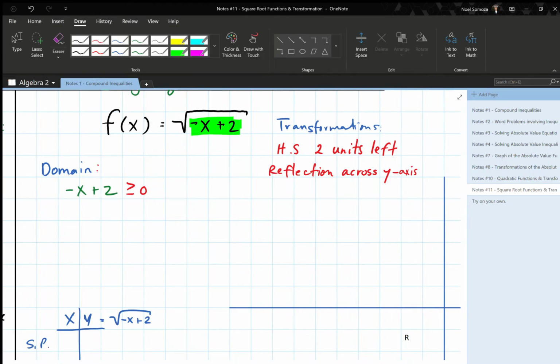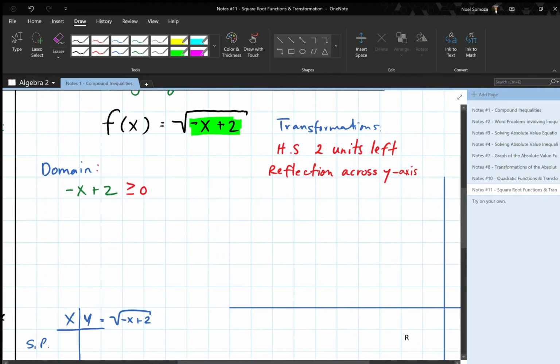Negative 1. Are you saying that would be a good number to use? Yeah. It will be part of a domain that we can use. Okay, so let's find the entire range first. Here you just solve for x. First we subtract 2. Negative x greater than or equal to negative 2.